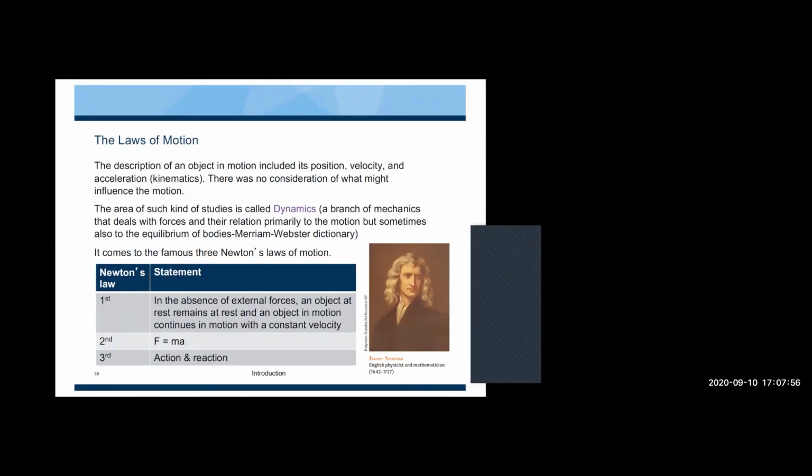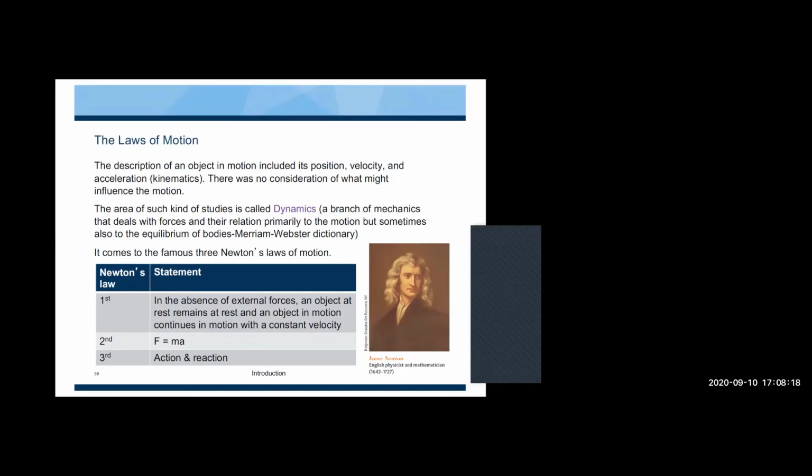So this first law states that the object would remain in its state, either at rest or in constant velocity motion, unless it is under an external force.